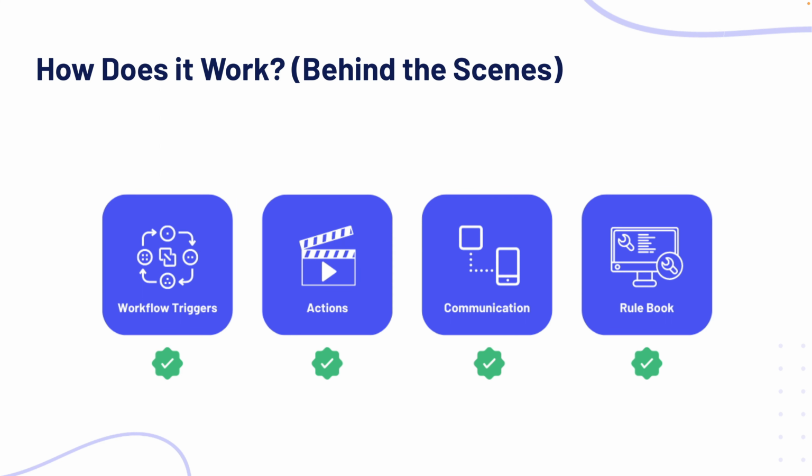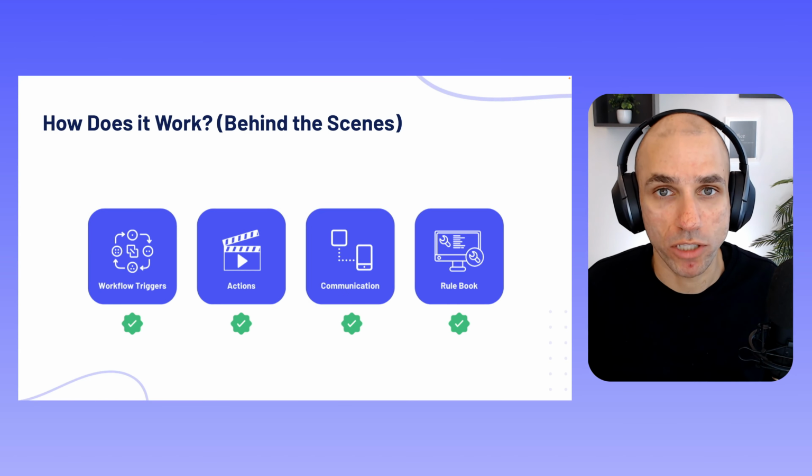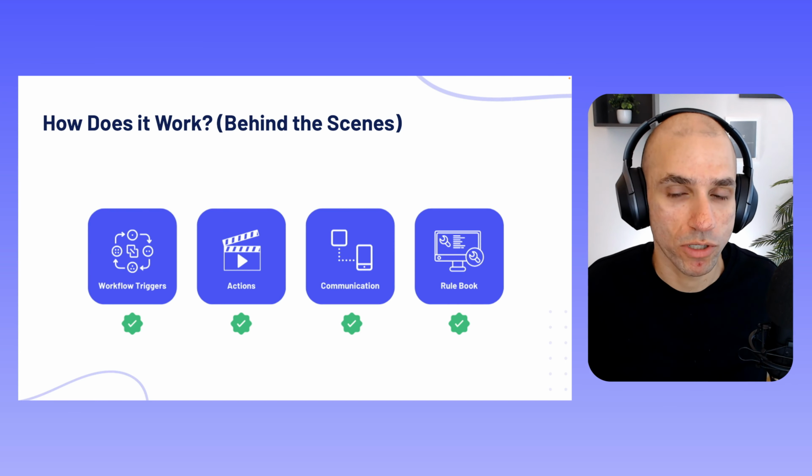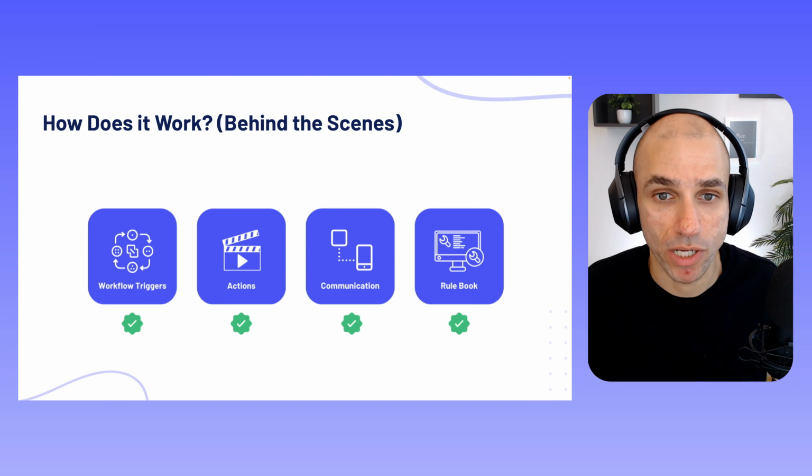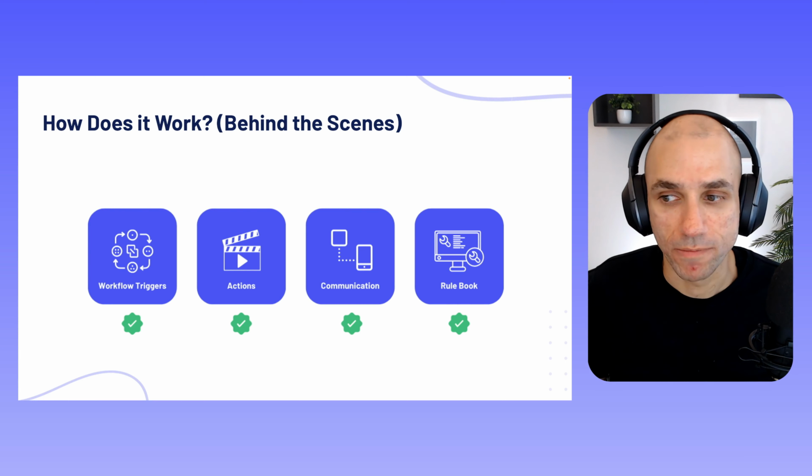And by the way, you can do all of this with code yourself if you know how to, or you can use a tool. And that's why it's called no-code workflow automation, because these tools are graphical, visual in nature, and you don't necessarily have to write any code to make all this automation take place. So that's the beauty of it, that we get all the benefits without having to write any code.